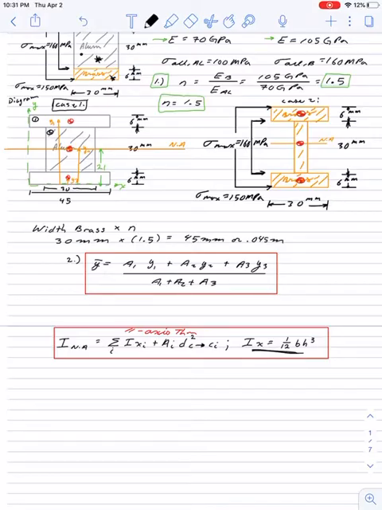Now it just so happens, because of the symmetry, Y bar, if you use this formula, number 2, ends up being directly in the middle anyways. So that means Y bar is 21 millimeters or 0.021 meters. And that is where we have this dimension right here. And that means that over here, this would be 21 millimeters as well.